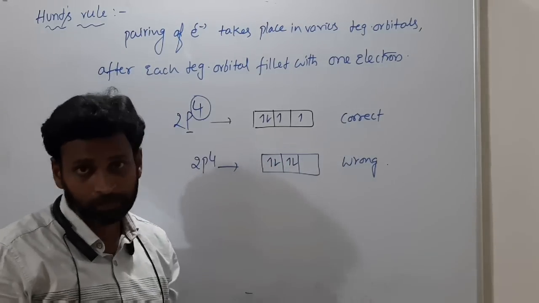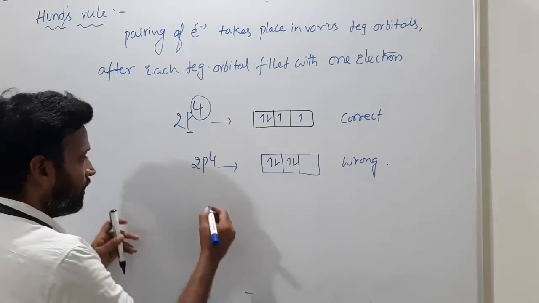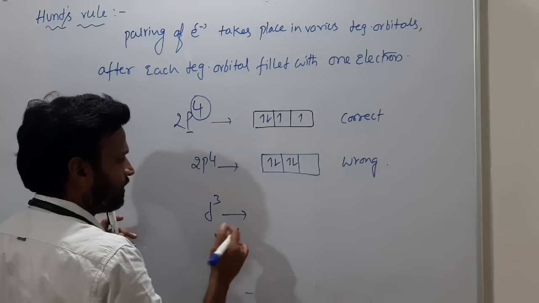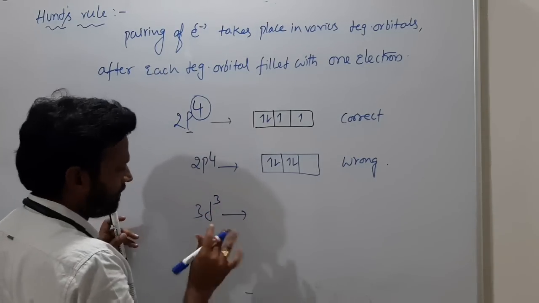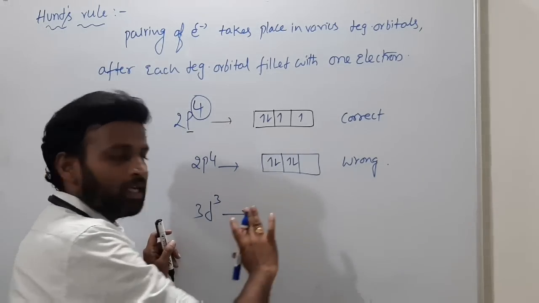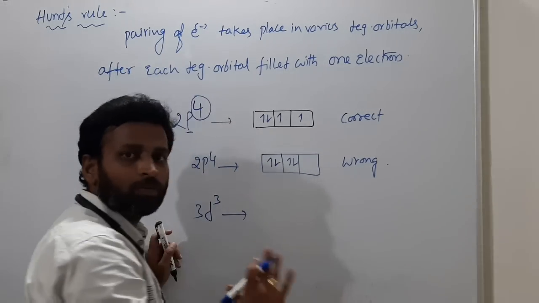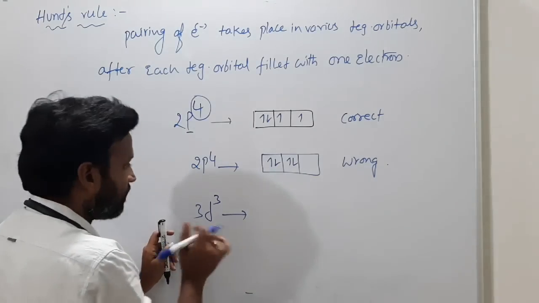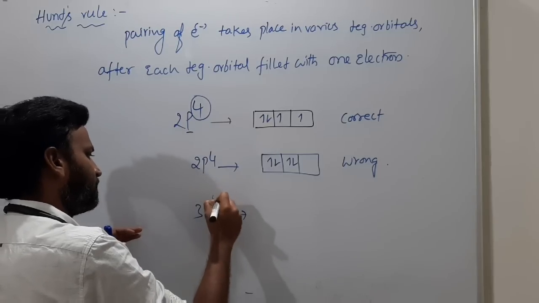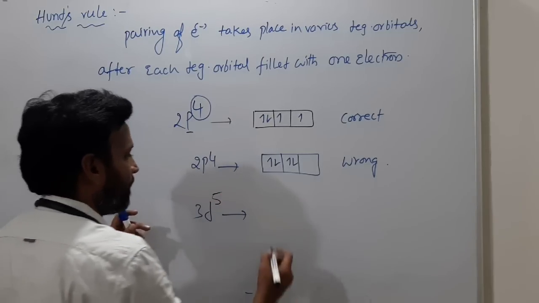So pairing is wrong. Same, suppose I have d3 or d5. So how to fill? Suppose this is 3d, 3d or 4d or whatever. D subshell means the filling of the degenerate orbitals is everything the same. So I have a d3 configuration or I have a d5 configuration. How to fill d5?